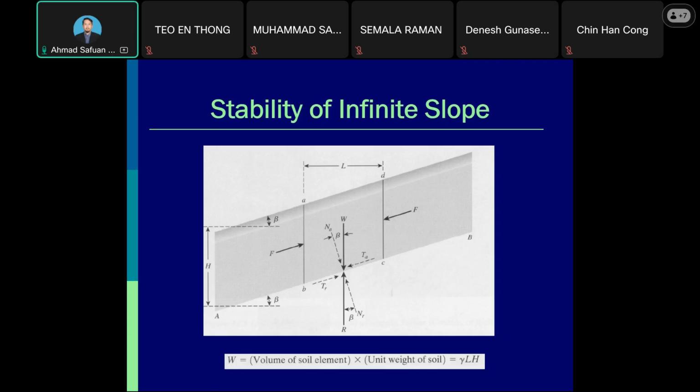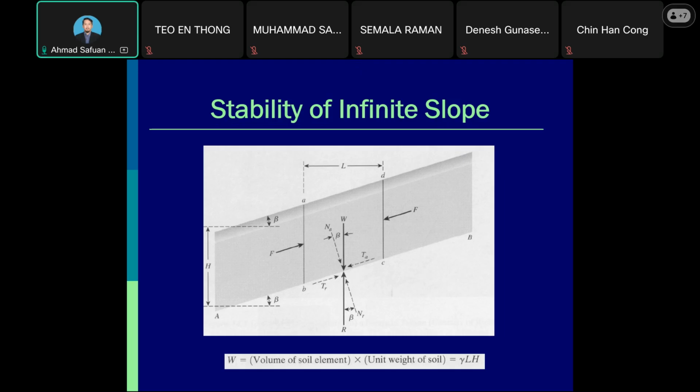Now we look at this derivation on how to get the factor of safety value based on these sections of the infinite slope. For this case, the water level is far from the slope structure, so we consider it a dry slope.